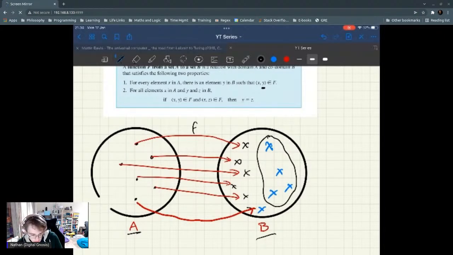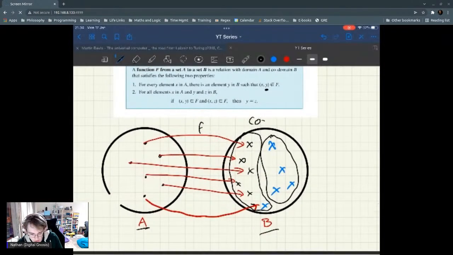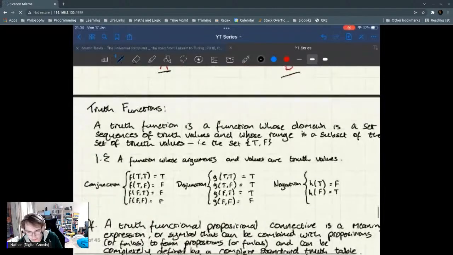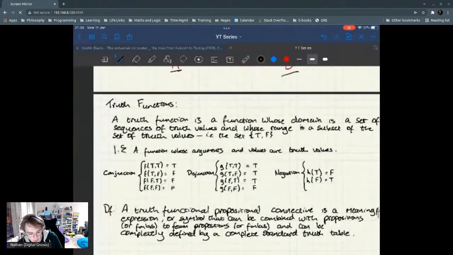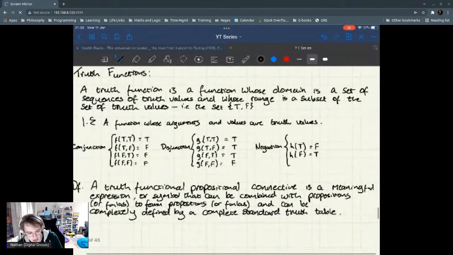We can call the set of things that are mapped the range or the image. Those are other terms that you might hear, but the whole set is called the codomain. This rudimentary understanding of functions is going to be useful as we come to talk about truth functions now for our semantics.